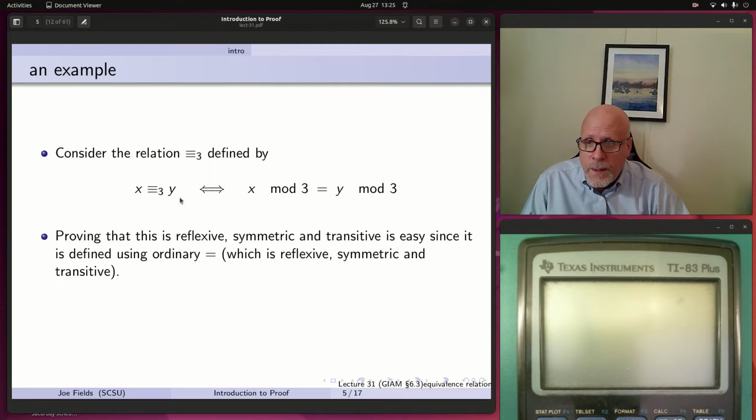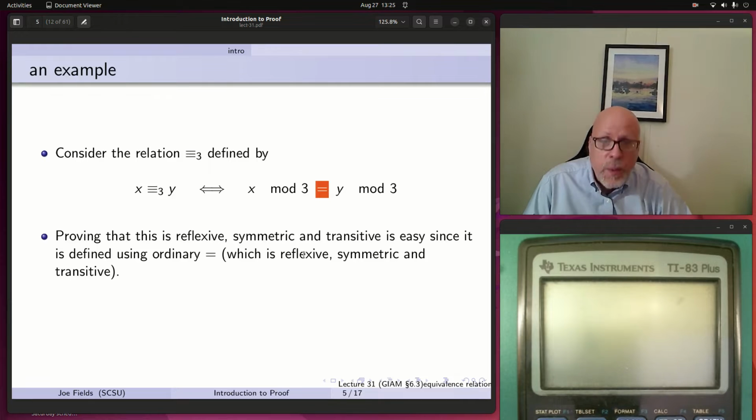Proving that this is reflexive, symmetric, and transitive is super easy because of the way it was defined. The biconditional here that defines it has an actual equality on one side. So we're using actual equals there, and that is reflexive, symmetric, and transitive. So we almost automatically get that the equivalence mod 3 is an equivalence relation.